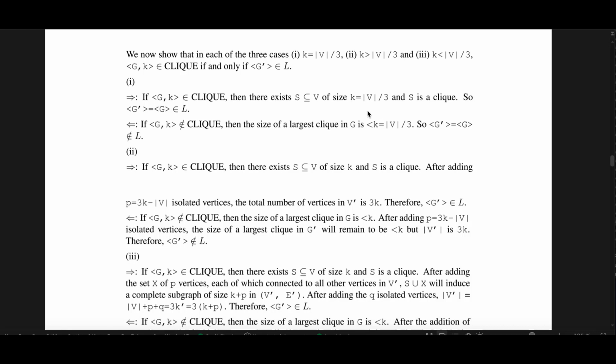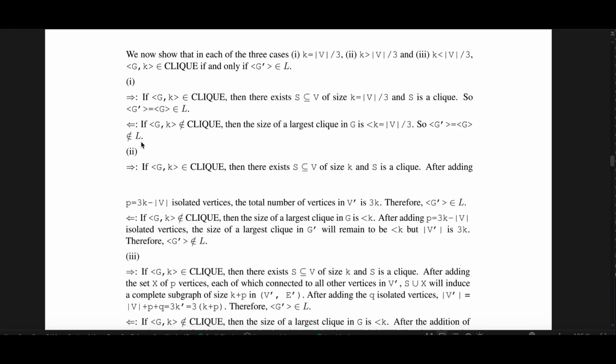So the graph G plus, equal to G, belongs to L. And if it is not in clique, then the size of the largest clique is smaller than k equals the number of vertices over 3, so it does not belong to L.